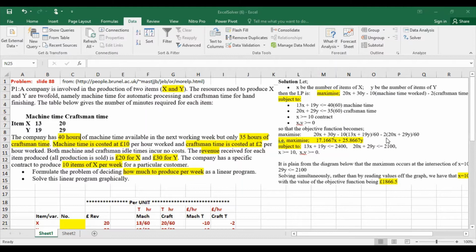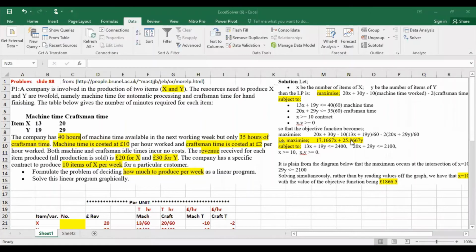Minus 2 is the cost of the craftsman time, so per hour work, 2 into 20x plus 29y divided by 60.